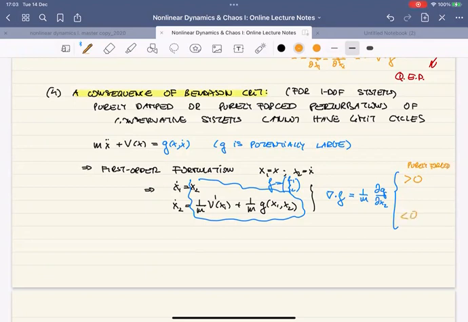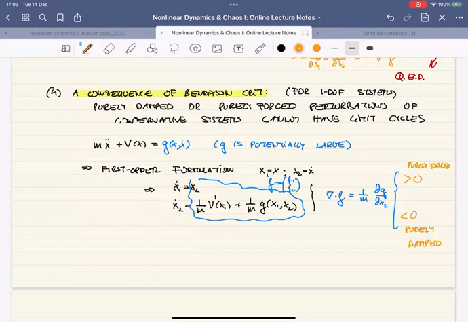If I find it's less than 0, I'll call it purely damped. This will be my definition. So it's not so much the sign of g, but the way it depends on the velocities.